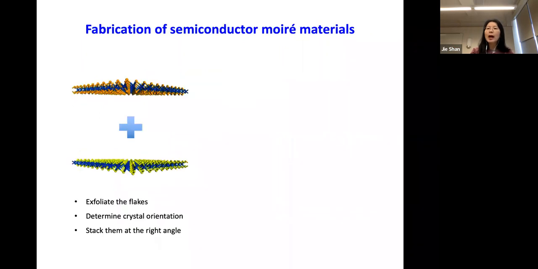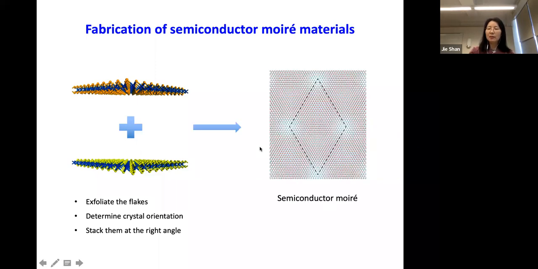So now we can isolate a monolayer of, let's say, one type of TMD, WS2 or WSe2. And we determine the crystal orientation by doing nonlinear optical measurements. And once we know the crystal orientation, we stack them. And this is the cartoon version of how to get this semiconductor moire heterobilayer.